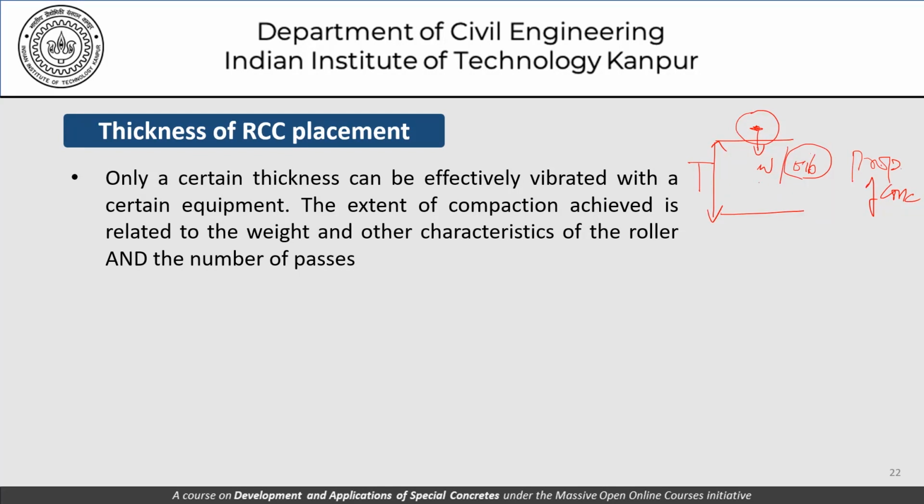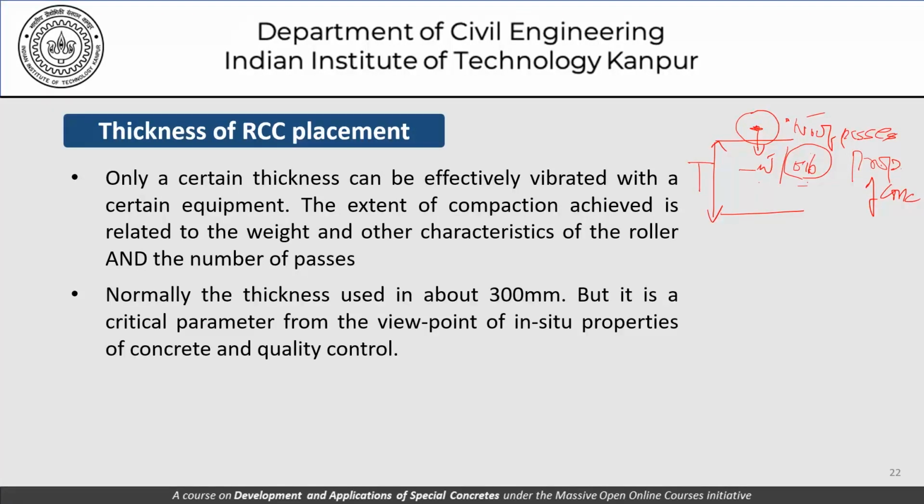And not only of the roller and the vibratory characteristics, but also the number of passes. So for a given weight and vibratory characteristics, if we change the weight or the vibratory characteristics, obviously we require a different number of passes to be able to compact the same concrete to the previous level, or the level which was achieved with the older weight and vibration characteristics.